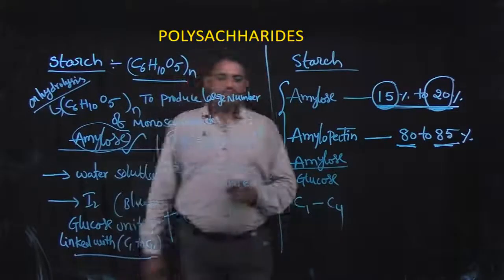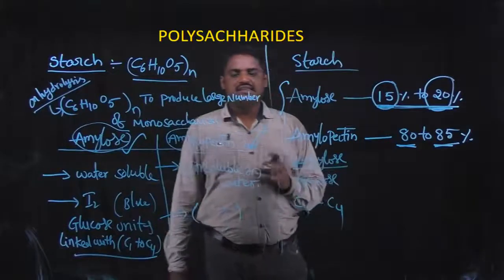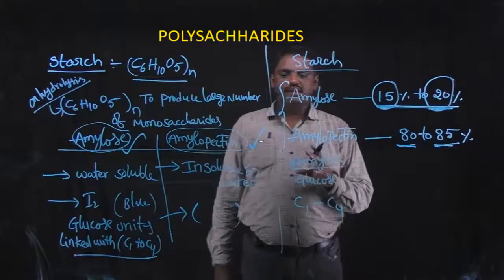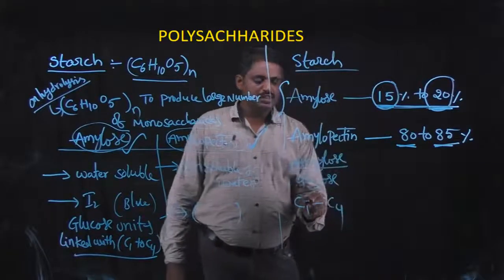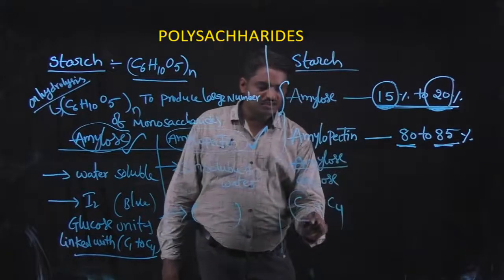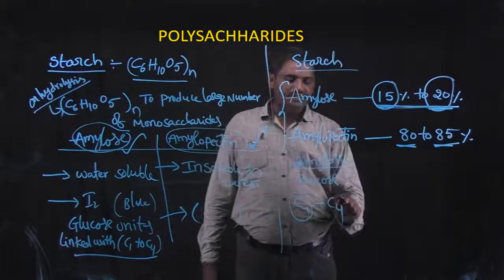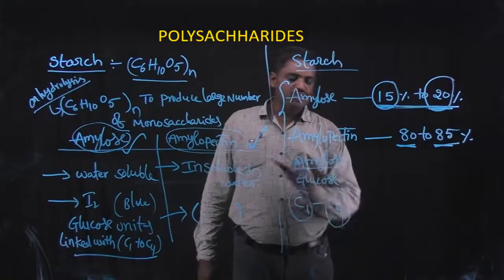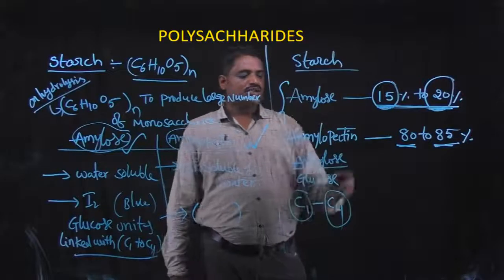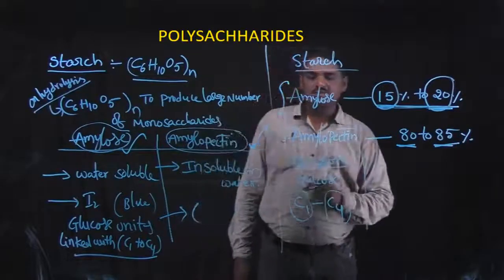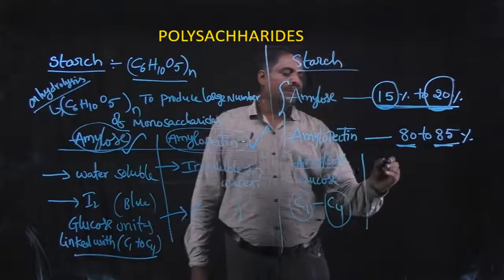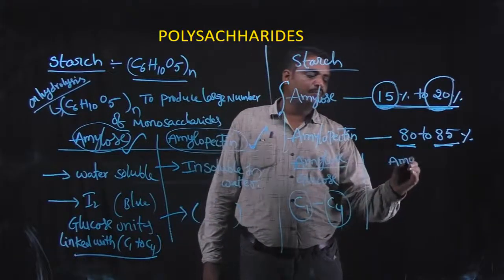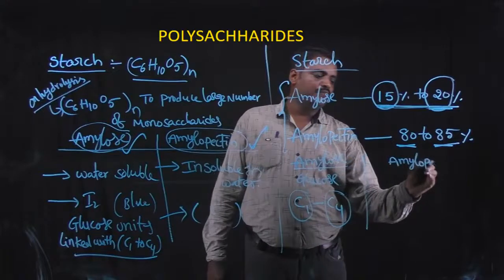Only in amylose, they are linked with C1 to C4, meaning the first carbon of the first glucose is linked with the fourth carbon of the second glucose unit. Okay, this is the structural explanation for amylose, and next the structural explanation for amylopectin.